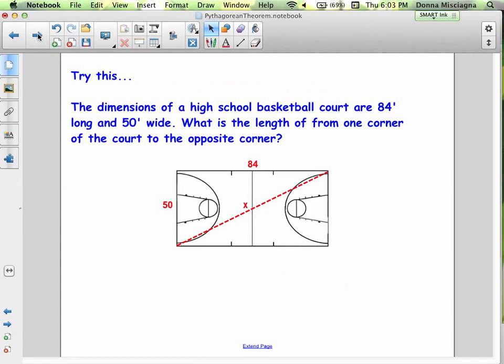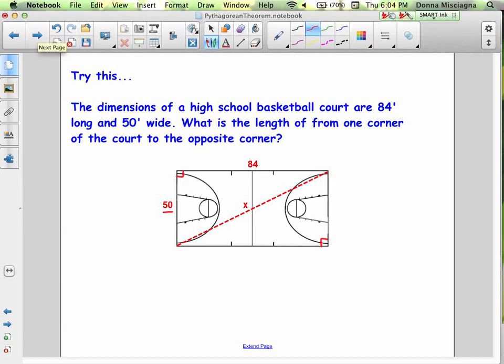That single apostrophe means feet. If there were two, it would mean inches. What is the length of one corner of the court to the opposite corner? So if you don't have a picture, draw a picture, and then you can see how to set this one up. We know rectangles have 4 right angles, so that means these are both right triangles.